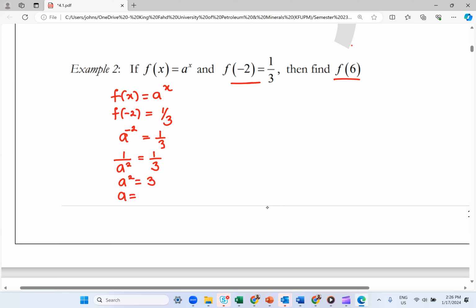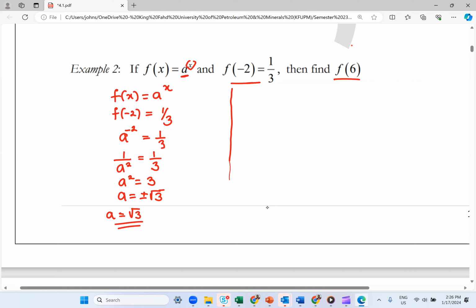So a is going to be plus minus root of 3, right? With this, we have to take the positive one because a is our base, and the x is the exponent. So it means that a is going to be root of 3 because we know that the base is always greater than 0.